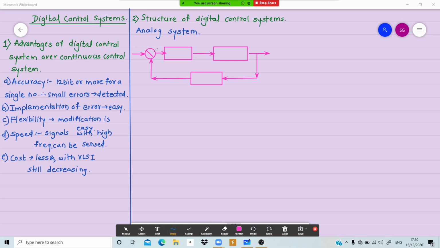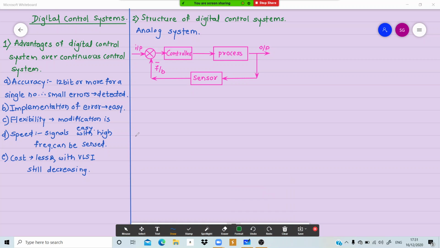So I'll write input, feedback, controller, process, output, sensor. Correct? So this is your analog system.